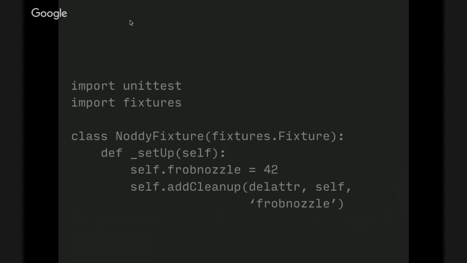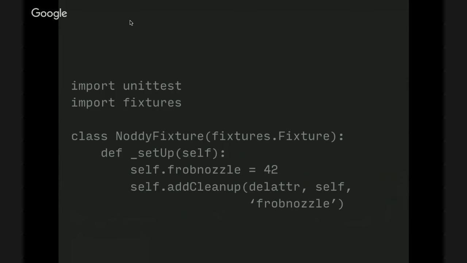What you might do is use this fixture in your test, and what you're testing, rather, might change the value of frognozzle, and then you would make an assertion about the value of frognozzle afterwards. But in between tests, you'd want it to be cleaned up by removing that attribute. That way, the next time you set up the naughty fixture, it ends up being 42 again.